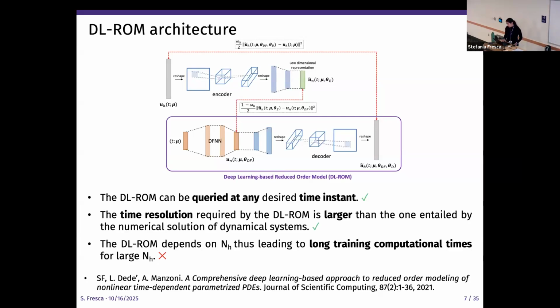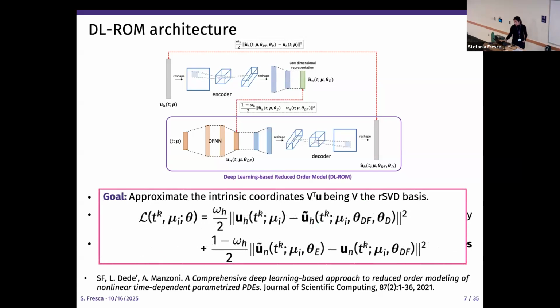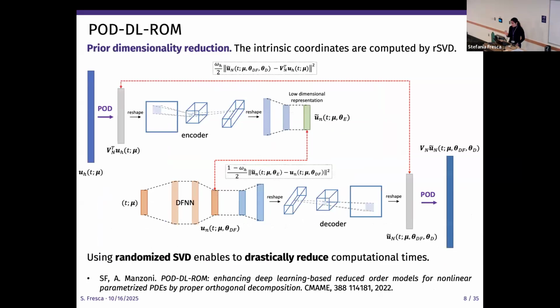So in order to overcome this issue, we extended this architecture to the POD-enhanced version, where now the goal is to approximate the intrinsic coordinates, and the loss function becomes the one in the slide. So POD DL-ROM makes the training phase extremely fast, thanks to a prior moderate dimensionality reduction achieved, for example, by means of SVD.